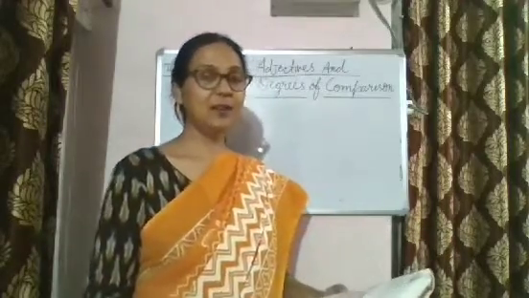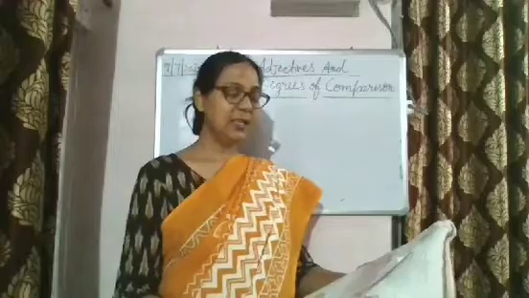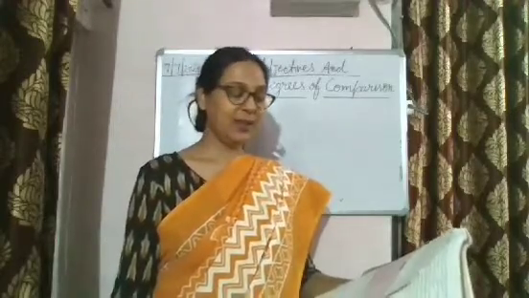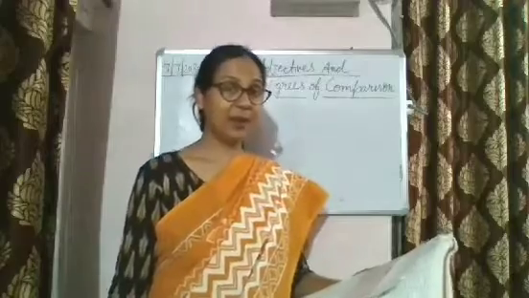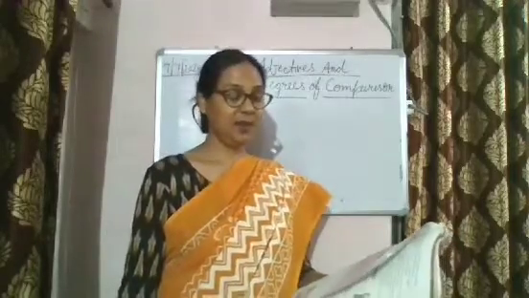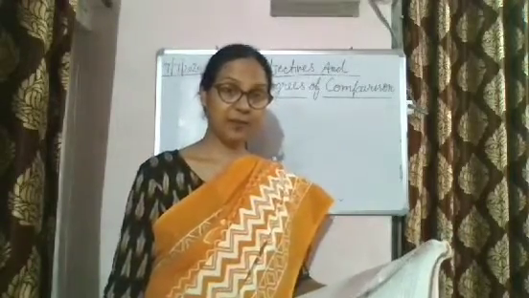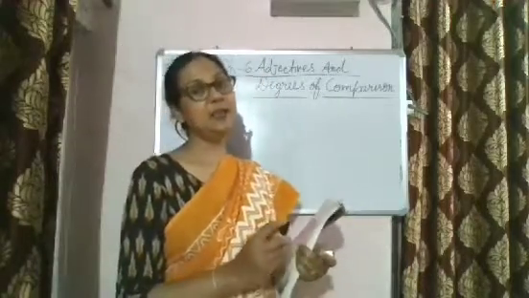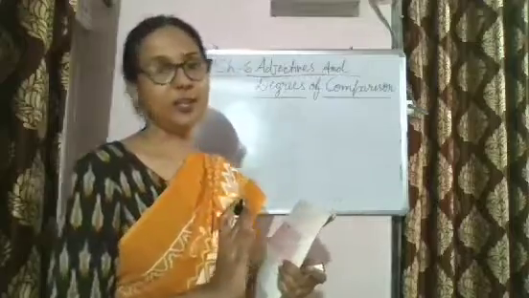So let's start. First sentence: the children played loud music. Here loud describes the music. How was the music? So we underline loud and it is an adjective of quality.